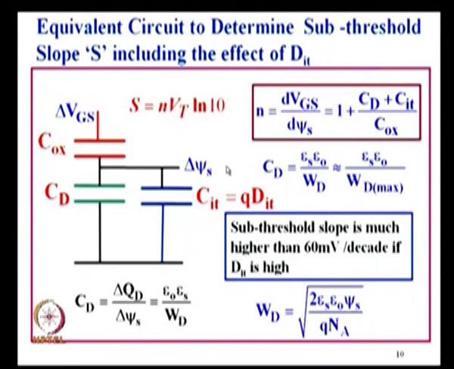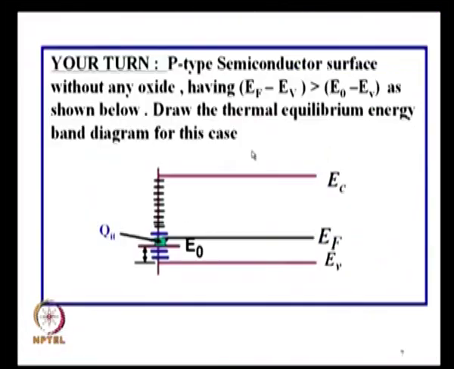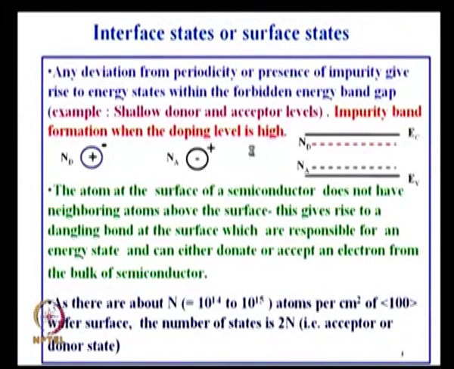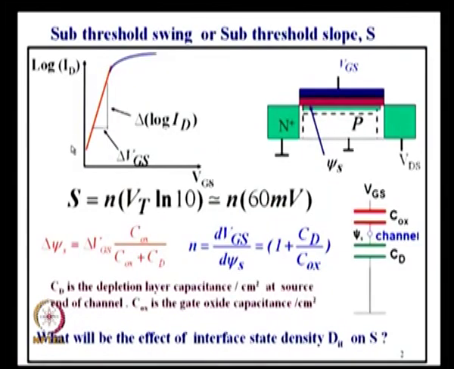What we are trying to point out here is that interface state density will increase the subthreshold slope. If you go back and see, the subthreshold slope is 60 millivolts per decade, that is, 60 millivolts when the current changes by 1 decade, if n is equal to 1, the ideal case.